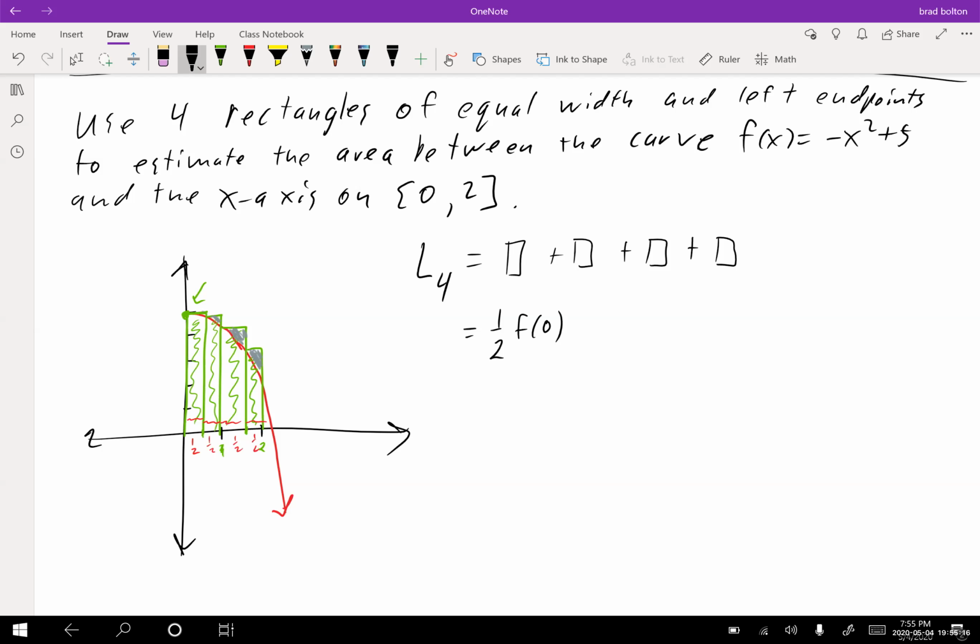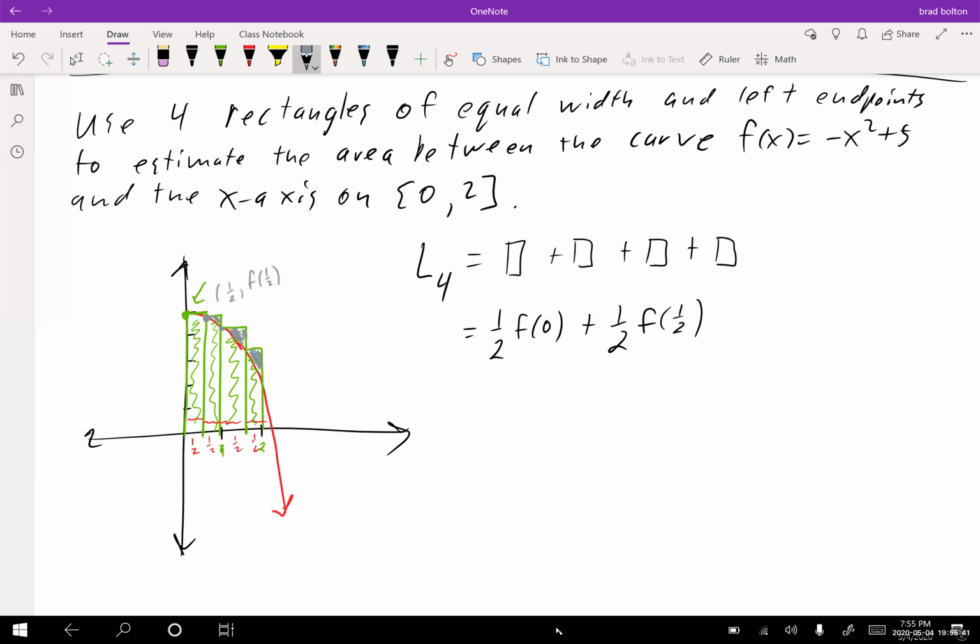Now we're going to do plus. The next rectangle has a width of 1/2, but what was its height? Well, its height is going to be f of 1/2. Because look, what is my coordinate right here? My coordinate right there is 1/2, comma, and then we need to find out whatever f of 1/2 is.